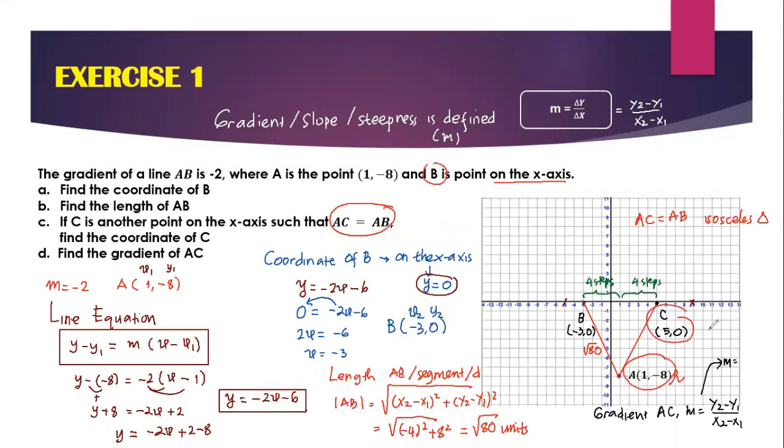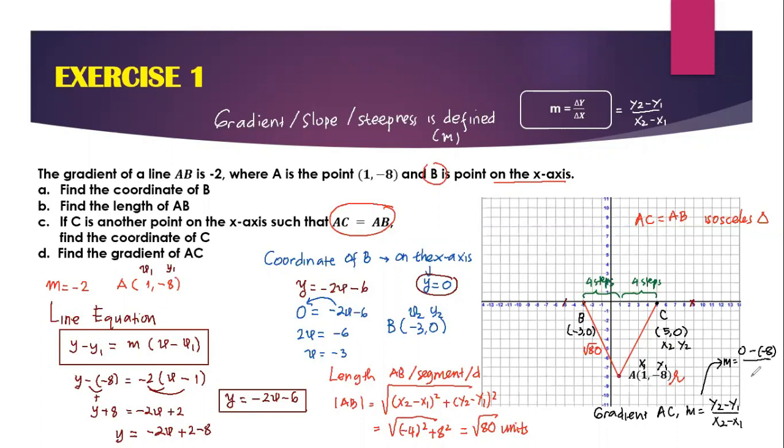Okay? So let's say this one is x1, this one is y1, this one is x2, this one is y2. Okay, y2 minus y1, 0 minus 8, right?